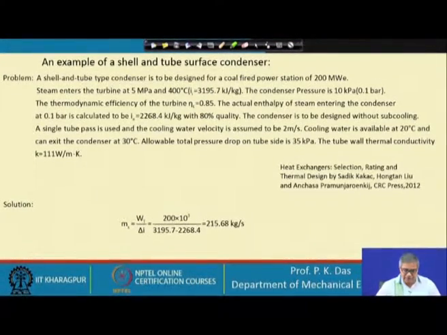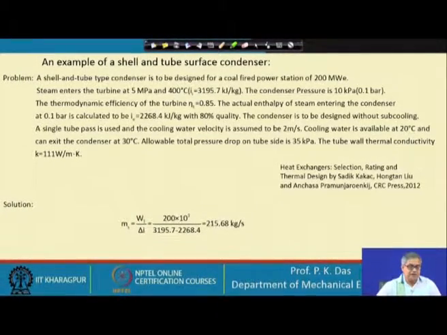This is again taken from the book Heat Exchangers: Selection, Rating and Thermal Design by Sadik Kakac and his co-authors, and the problem reads like this: a shell and tube type condenser is to be designed for a coal fired power station of 200 megawatt electricity.